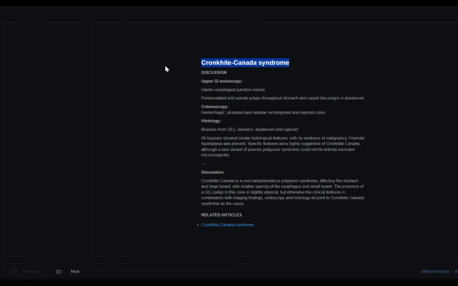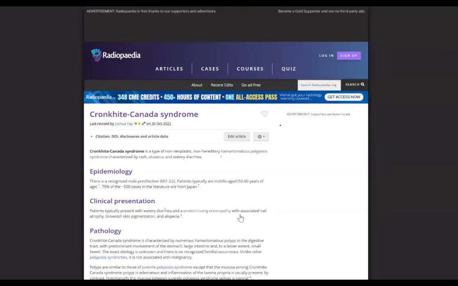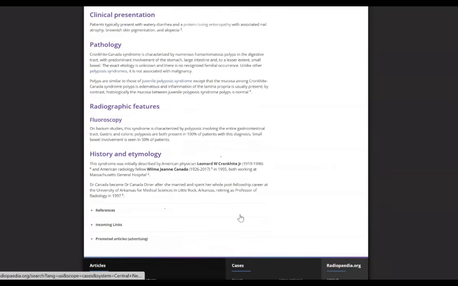Doctor, I'm worried about other associated malignancy. Like in this one, Cronkhite-Canada, there are other malignancies, like in the breast. Breast may have a carcinoma in this Cronkhite-Canada. I think also the brain may have a glioma.